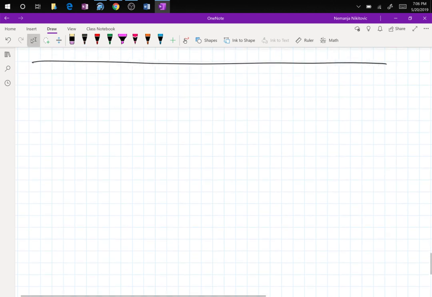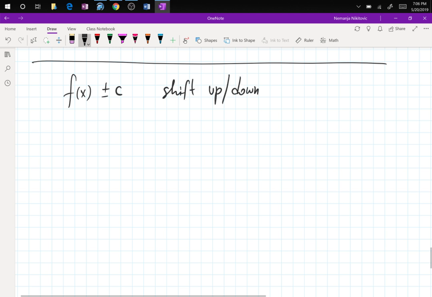So what are the flips? We have f of x plus or minus c. This would be shift up or down.